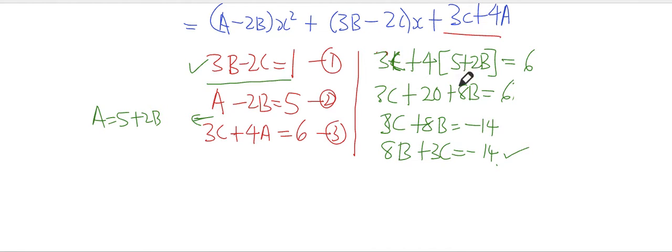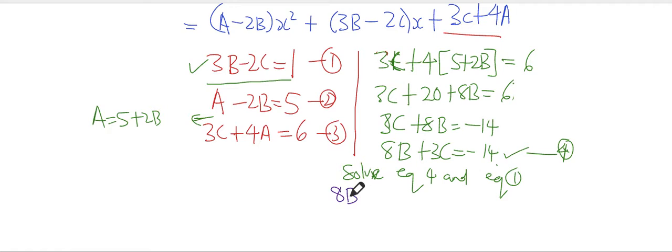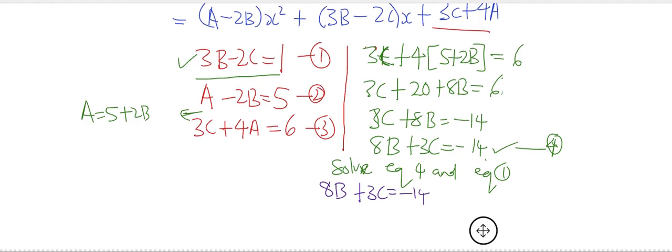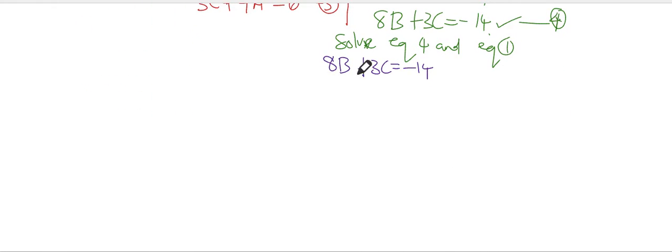So I solve equation 4 and equation 1. That is 8B plus 3C equals negative 14, and 3B minus 2C equals positive 1.